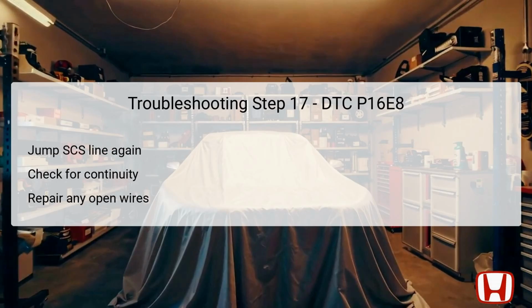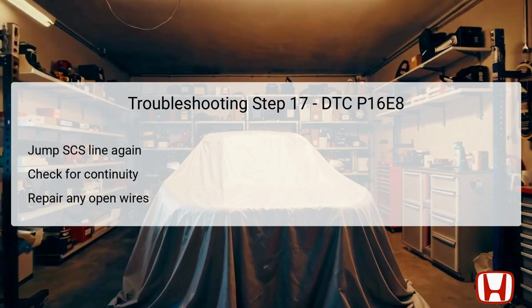In the final step, the technician will perform another jump of the SCS line and continuity checks between the relevant components. This reaffirms whether the LIN battery sensor wiring is functioning correctly, specifically between the PCM and the shutter grille. The procedure aims to confirm functionality through careful monitoring of continuity and voltage.